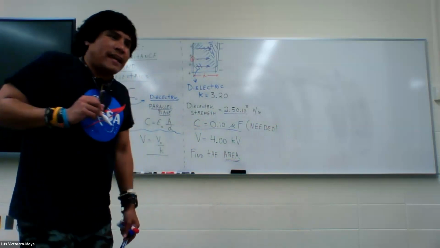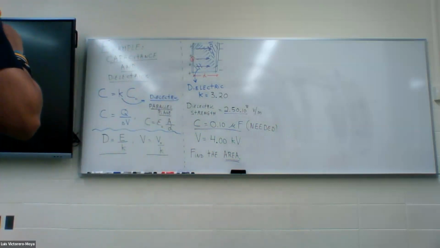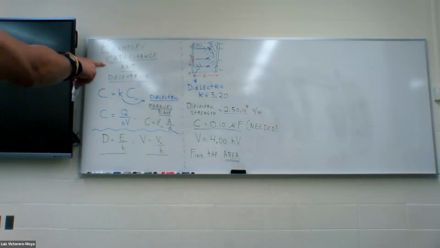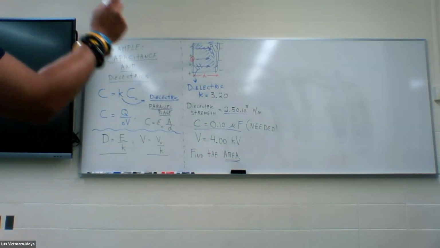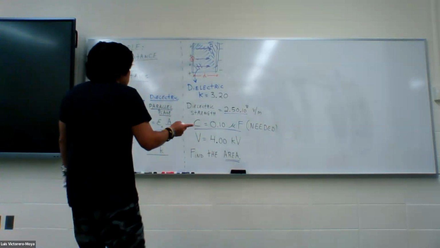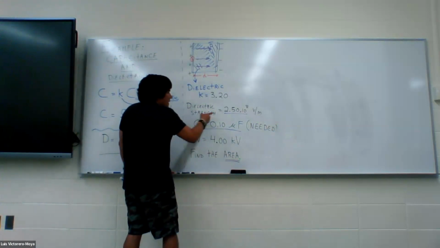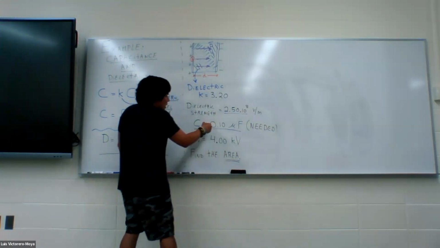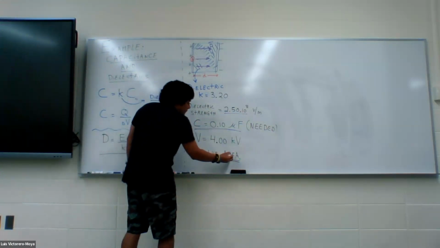They want you to find the area between the plates. Okay, so if they tell you that that's the capacitance that you need, that means that that's a capacitance without dielectric. But the dielectric strength is this. So how do I use this to find the area?